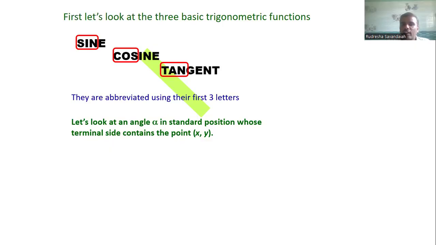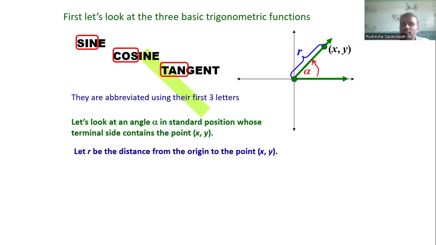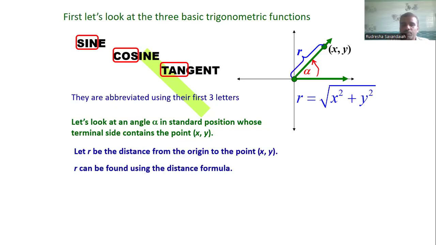Let's look at an angle alpha in standard position whose terminal side contains the point x, y. This is the point x comma y. This is the radius r. Let r be the distance from the origin. See, r equals the square root of x square plus y square. r can be found using the distance formula.